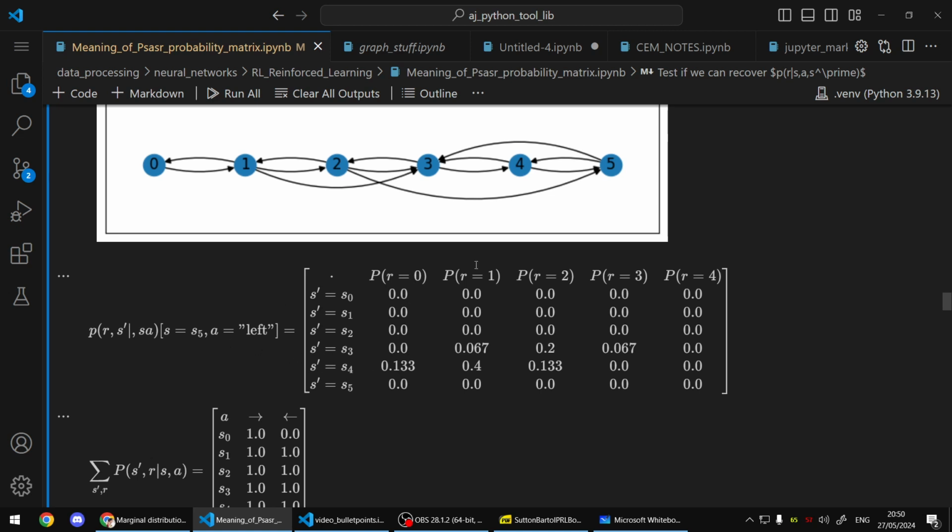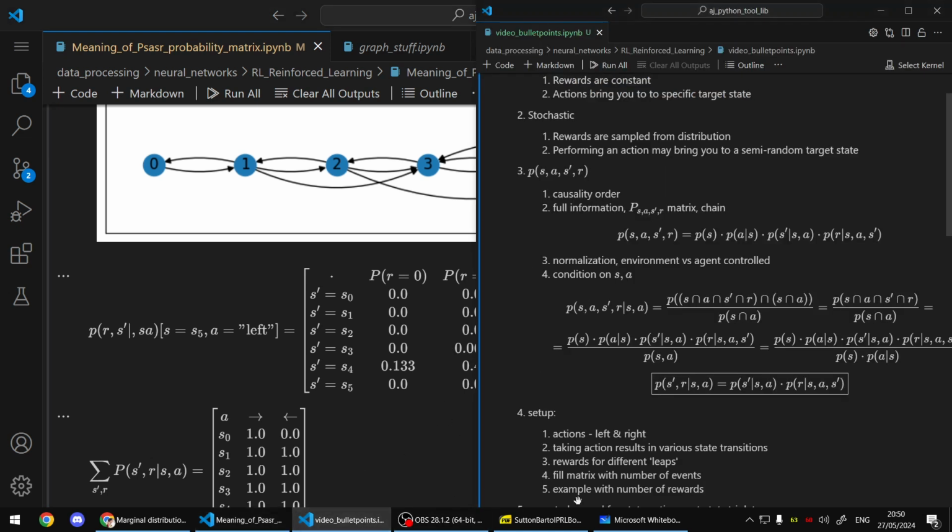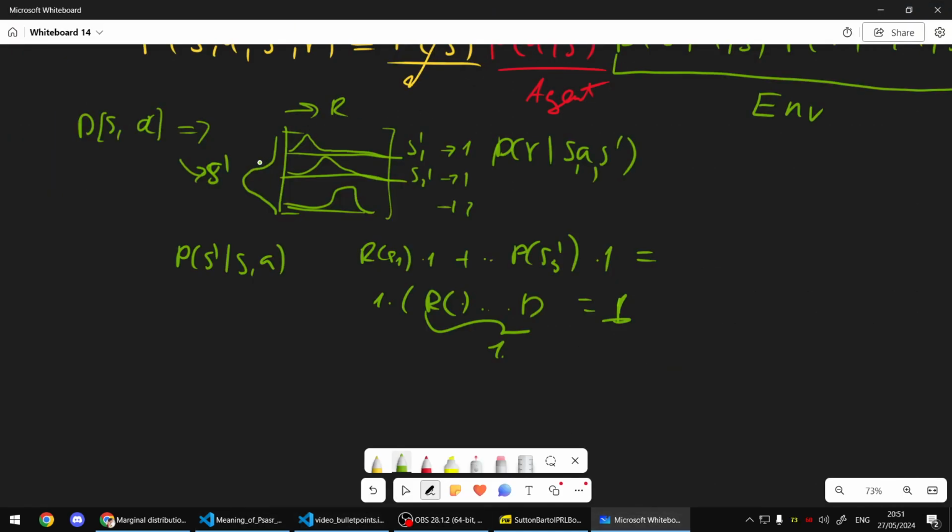So we can see that from 5, it will reach 4 with some probability and obtain a reward of 1, but then it can also reach state 3 and with some probability obtain reward R2, but this longer jump has a lower probability, simply because it was multiplied by a value here versus here.